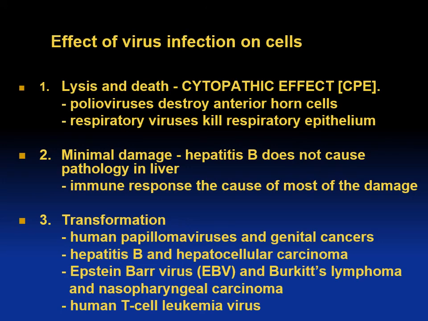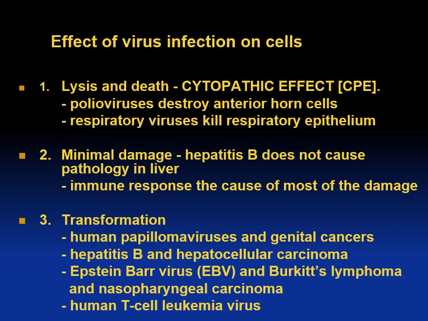Now, as I said earlier, once the virus enters into the cell, there is the host response, which is going to be mentioned in another lecture. And once the virus replicates and makes new virus particles, what's going to happen? What we have seen is that there is one of these three effects of virus infection on the cell.